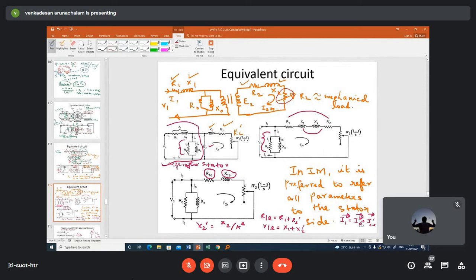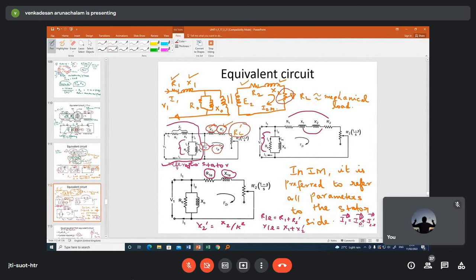So it is very amenable to transfer all the rotor side parameters to the stator. If you transfer all the rotor side parameters to the stator, X2 becomes X2 dash, R2 becomes R2 dash, RL becomes RL dash, I2 becomes I2 dash, and E2 becomes E2 dash.